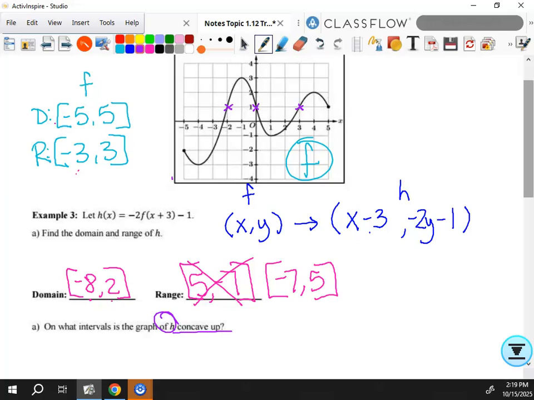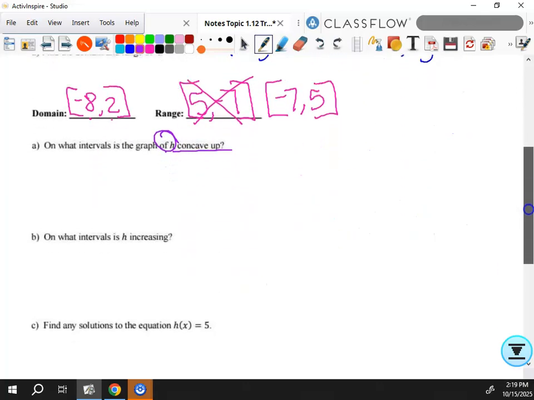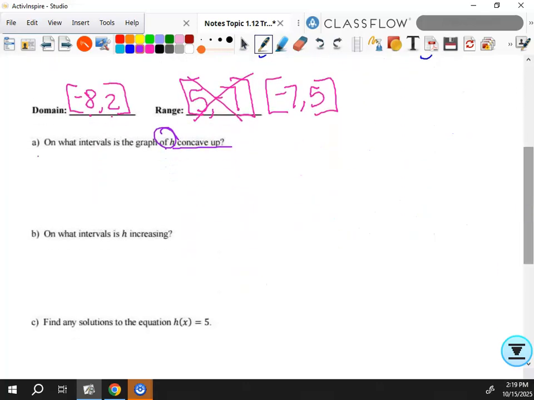All right, so I want when h is concave up, so I need when f is concave down. So that's there to there, from -2 to 0, and then 3 to 5. So I'm going to answer it the same way, through the lens of f. And I'll say f is concave down on, where was that? -2 to 0 and 3 to 5.